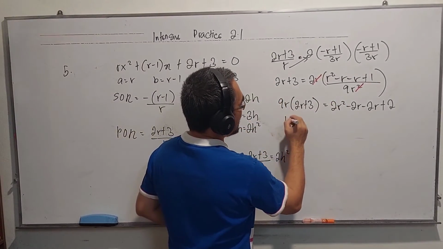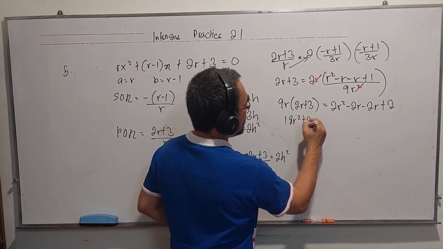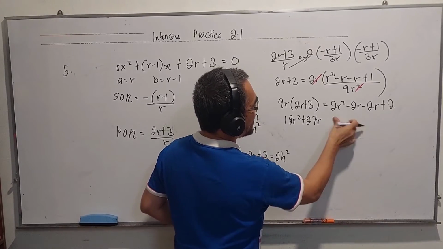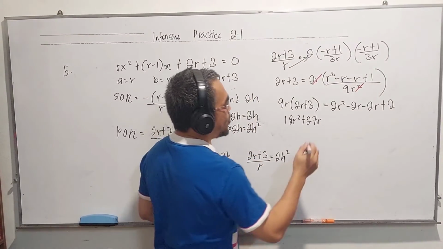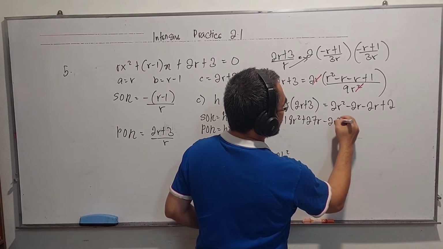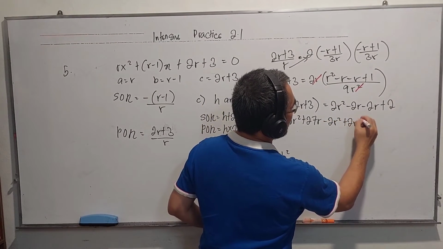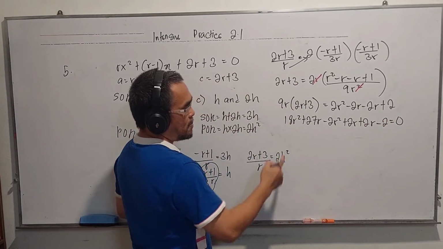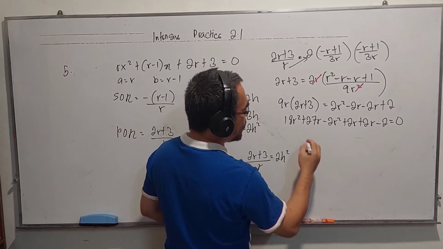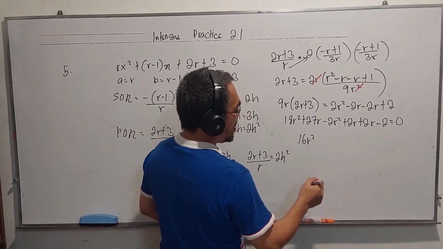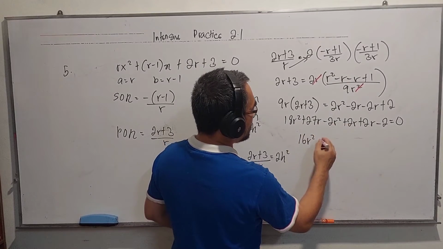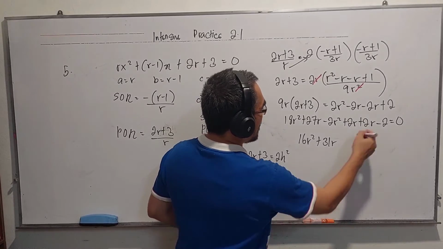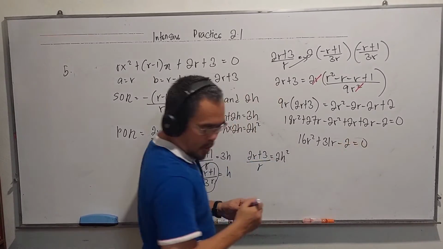Then I get 18r square plus 27r equals, then I bring everything to one side because this is a quadratic equation: minus 2r square plus 2r plus 2r minus 2 equals 0. Make it to general form. 18 minus 2 will be 16r square, and then 27 plus 2 will be 31r. Then the number is minus 2, equals 0.